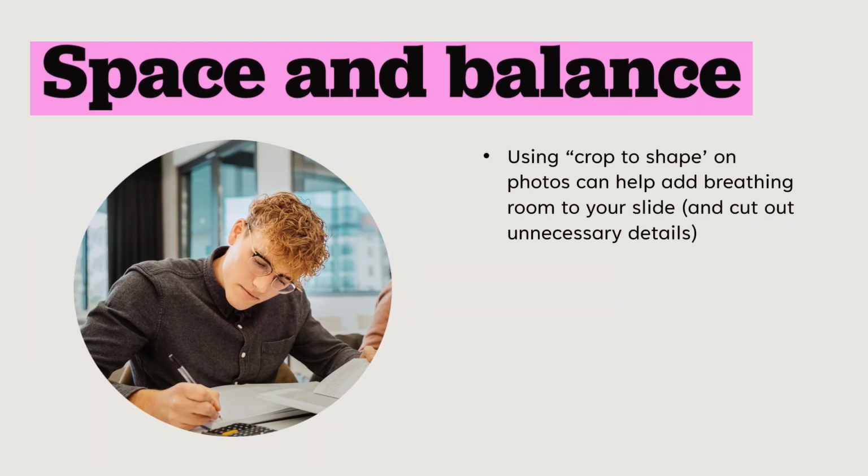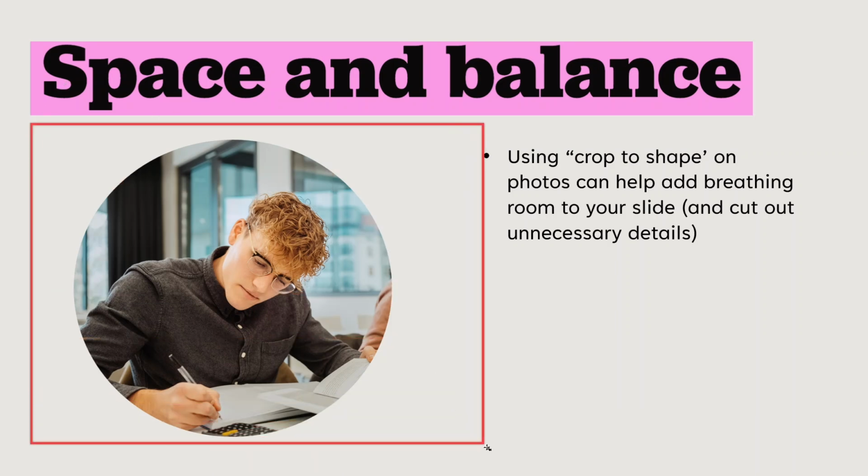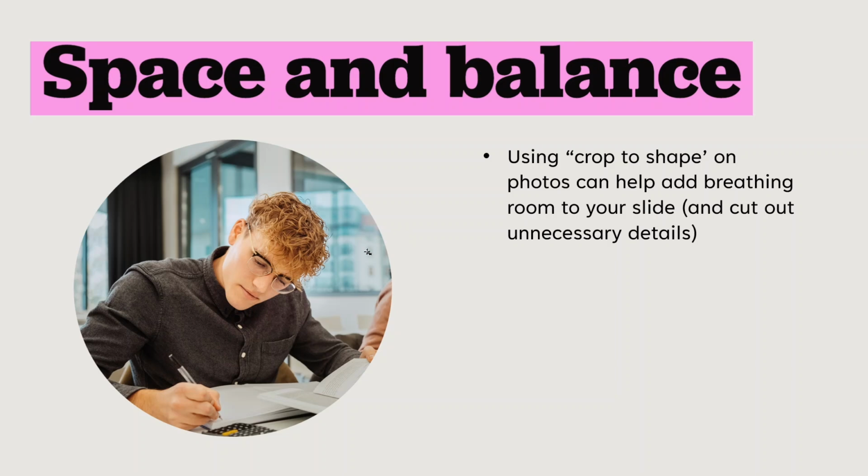By using a circle, I've just honed in on the central information. I've given myself a lot more free space around the image to help add breathing room, and it's also cutting out unnecessary detail. So if I didn't need to see the second person in that image and I just wanted to hone in on one area, then that crop has been effective.